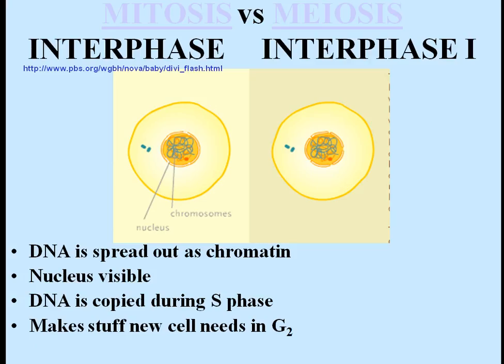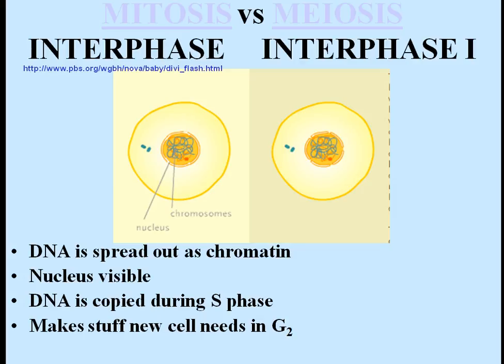Okay, so let's compare and contrast the different phases in mitosis versus meiosis. You can see here on the left side we have mitosis, and on the right side we have meiosis. So let's compare what's going on in the different phases of the different processes. In interphase, the cell is doing its job, the DNA is spread out as chromatin, and the nucleus is visible.